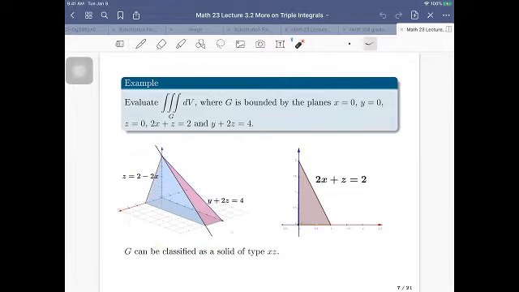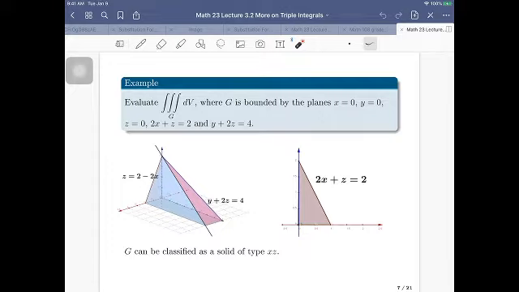Now, what is the problem of this solid? Why can't we treat this as a solid of type xy? So I told you before that it's very natural to treat solids as a solid of type xy because of projections, diba? When we think of projection, you always project to the ground, and the ground is the xy plane.